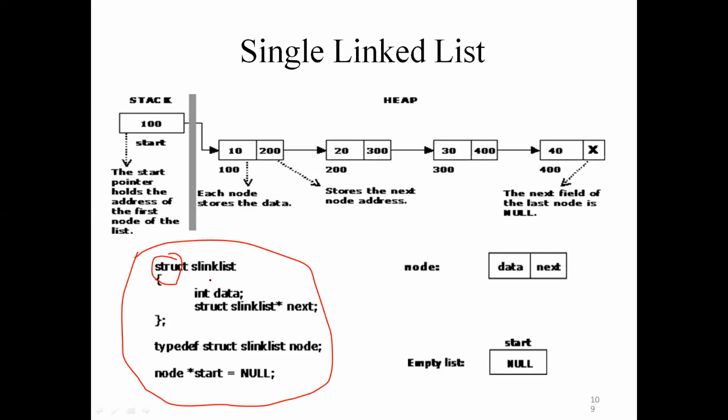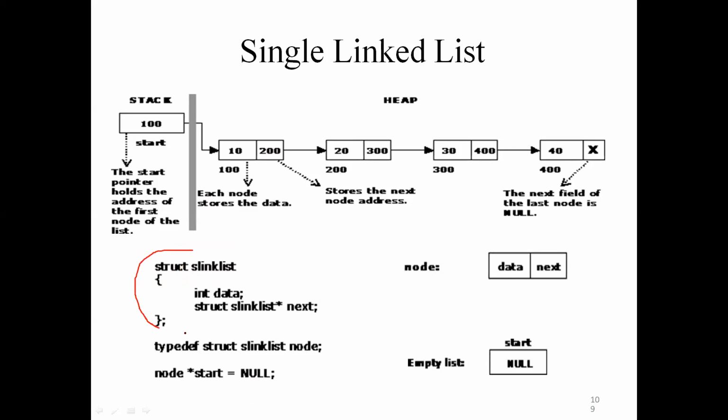Since we are studying C, this is the syntax to define the node. This is the members of the node. Members are two: one is the data part, and this is the link part. And what is this typedef?